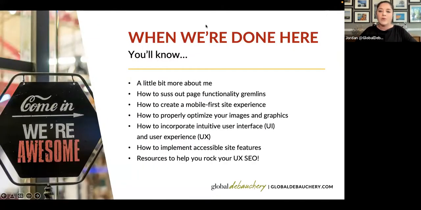So when we're done here, you're going to know a little bit more about me, how to suss out page functionality gremlins, like where those guys are hiding in your site, how to create a mobile first site experience, how to properly optimize your images and your graphics, and how to incorporate intuitive user interface, or UI, and user experience, UX. You're going to learn a little bit about how to implement accessible site features.